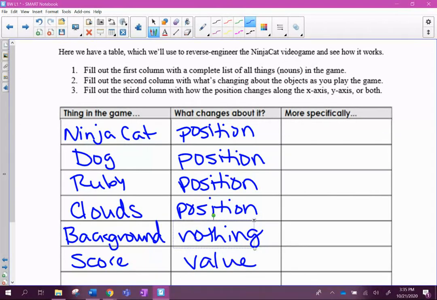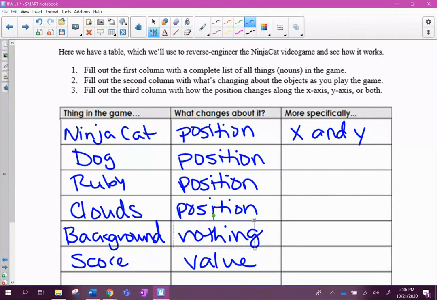So more specifically, my Ninja Cat. When I moved Ninja Cat, we noticed that I could jump up and it would come down, or I can move side to side. So I was changing its X and Y coordinate. Now, since we didn't have any control over anything else, the dog and the ruby and the clouds, those were just moving side to side, right?